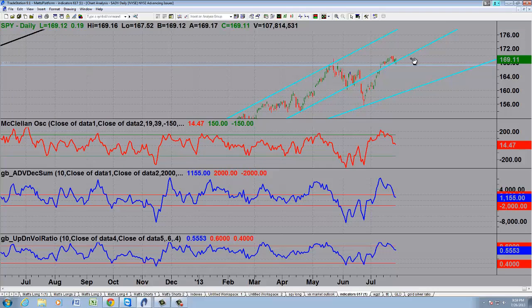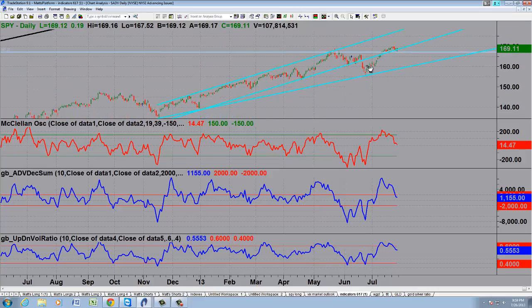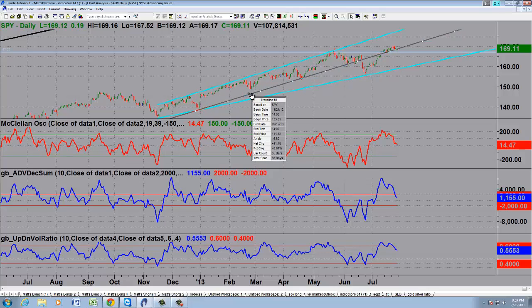Another thing to be cognizant of, we have an interesting channel here. As you can see, this is the upper end of the channel. If we took a parallel, which is this line right here, you can see when we breached it here, it broke down sharply, and then came back through it, tested the highs.